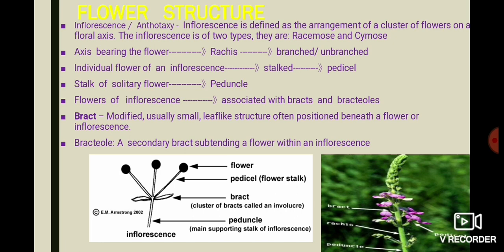Bract you generally get below the inflorescence, and bracteole is a secondary bract which you will generally get subtended within an inflorescence. Now bracteoles are to some extent smaller than the bracts.